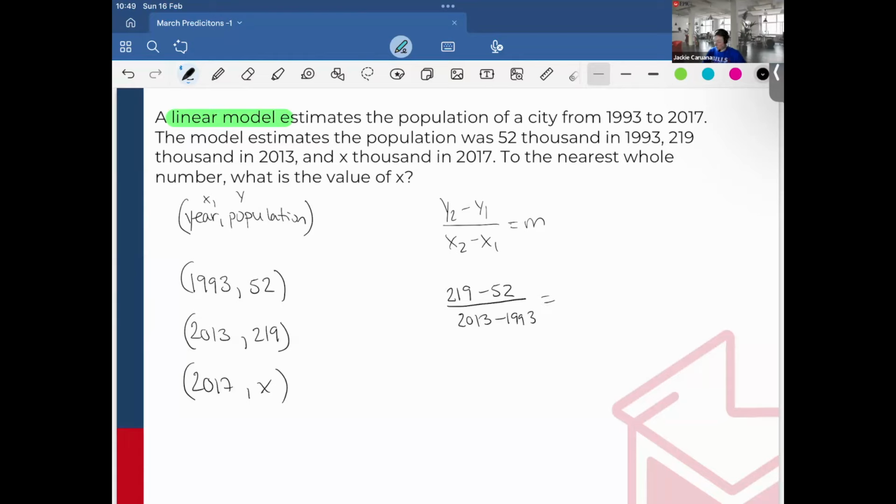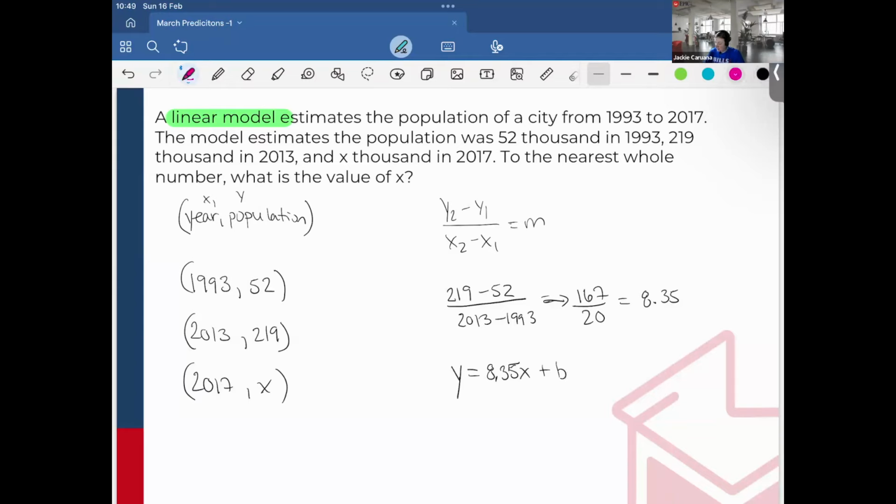So this would be over 20. And 219 minus 52, it's 167. Divided by 20, 8.35 is the slope. Okay, so I have y equals 8.35x plus b, the y-intercept.